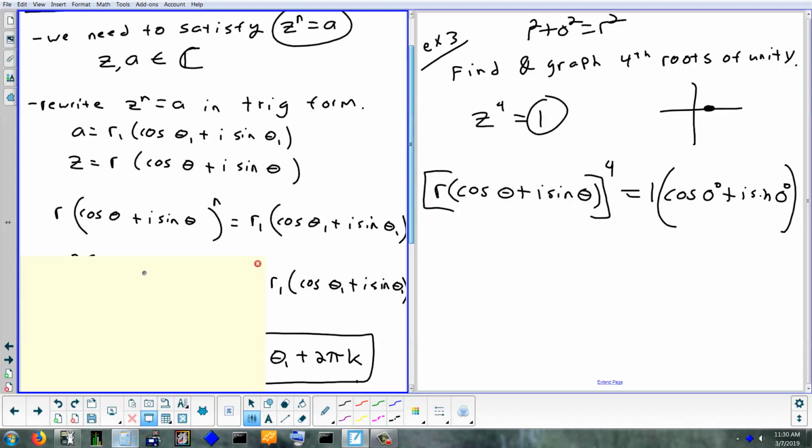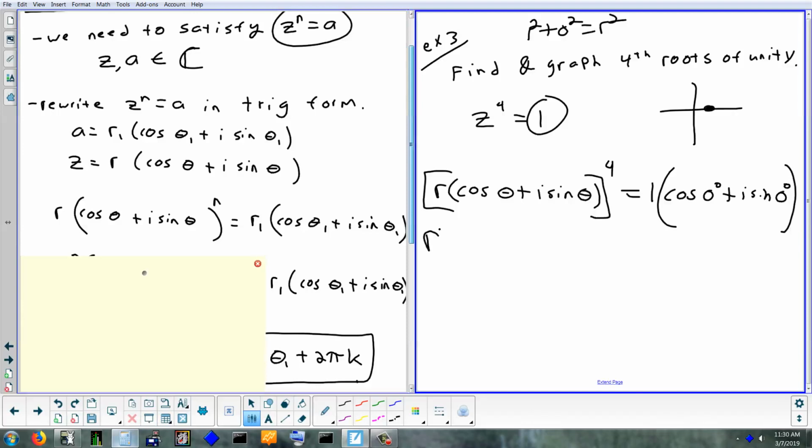So what's my radius going to be on the left-hand side? Yep, it's going to be r to the 4th. And what's my angle going to be? 4 theta. Yep. So cosine 4 theta plus i sine 4 theta.